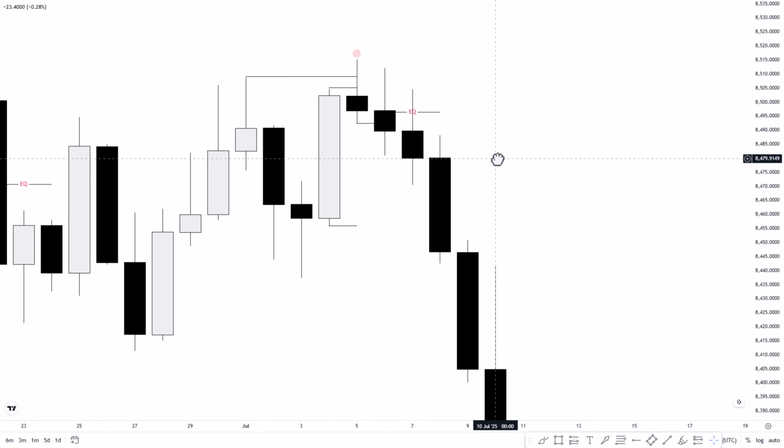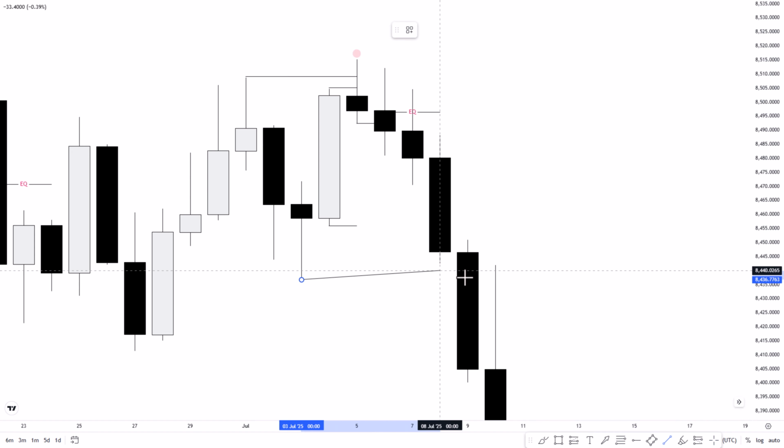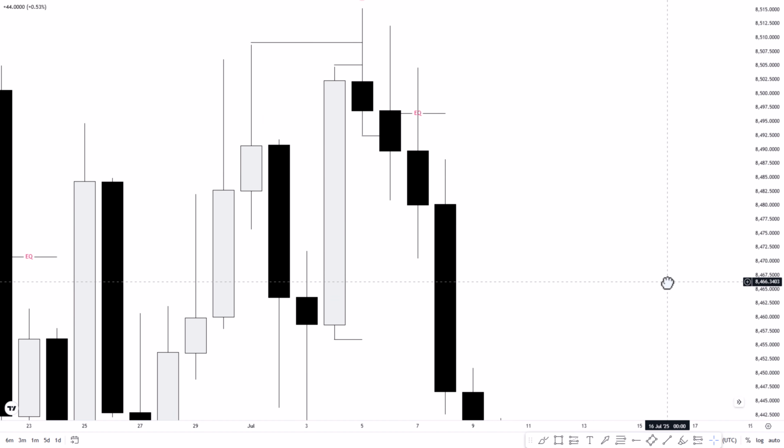And also, if we don't have a swing formation at day 4, and we have a draw on liquidity, as shown in this chart, where this particular low is a draw on liquidity and price is here to tap, we should expect that the next day candle will be what? Will be bearish, considering that the 4 closed below the 3.